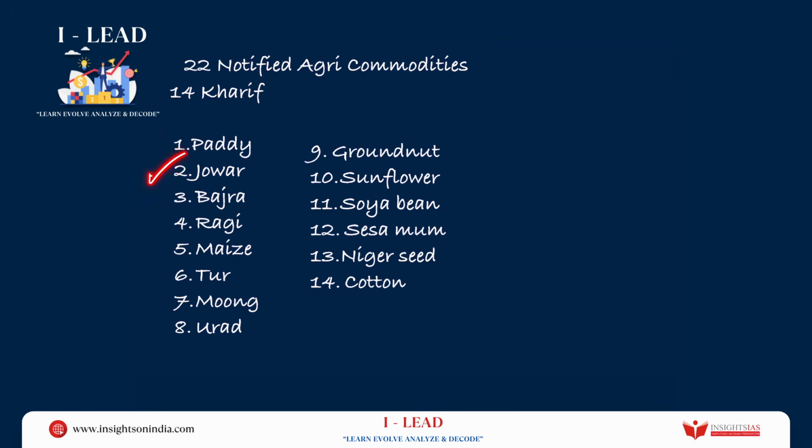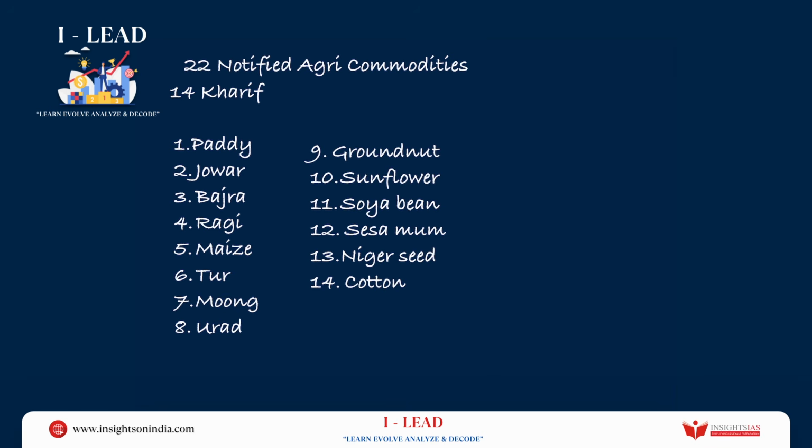Second is jowar. Third one is bajra. Fourth is ragi. Okay, and fifth one is maize. Then you have tur dal, moong dal, urad dal, groundnut, sunflower, soya bean, sesame seed, niger seed. Then you have cotton. Okay, so this is the last one of the 14 kharif crops.